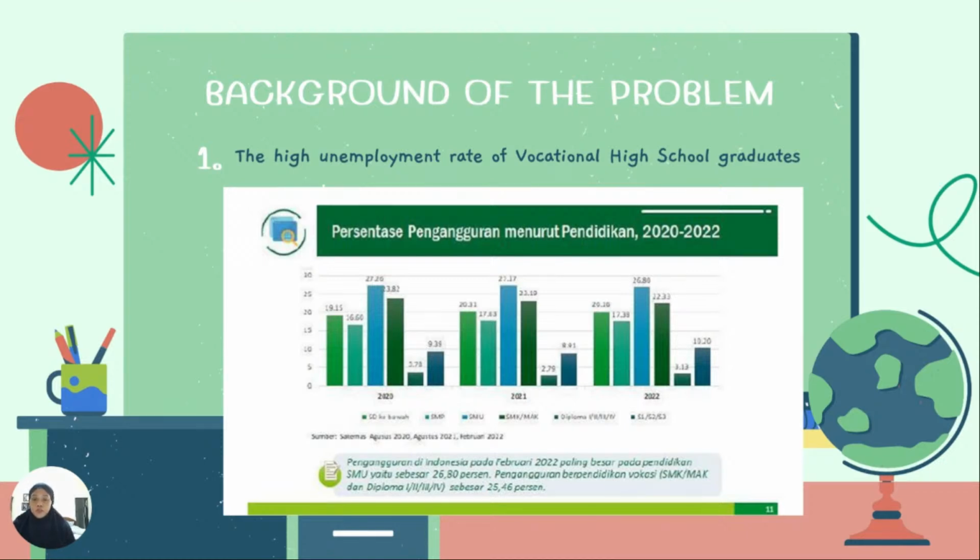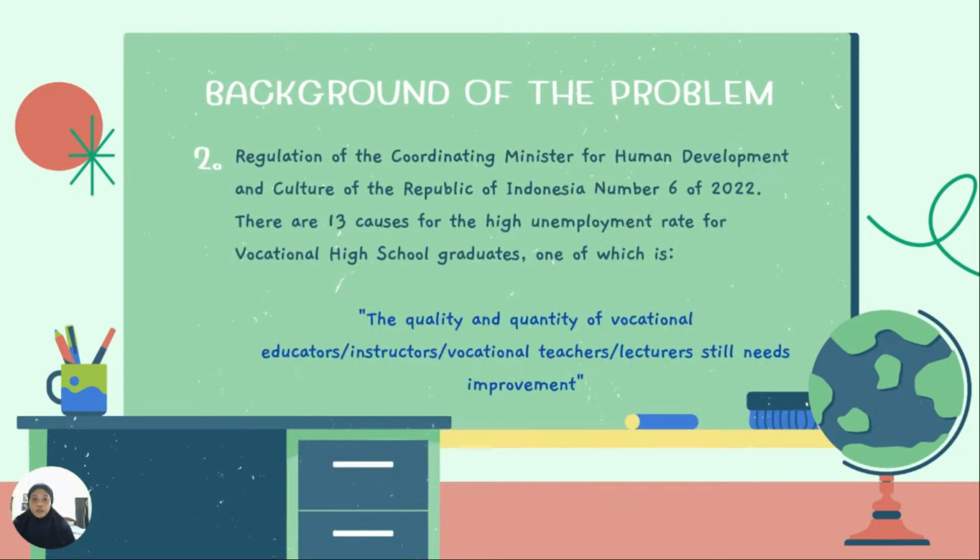This is data from 2020 to 2022. This is the vocational high school have a high unemployment rate.